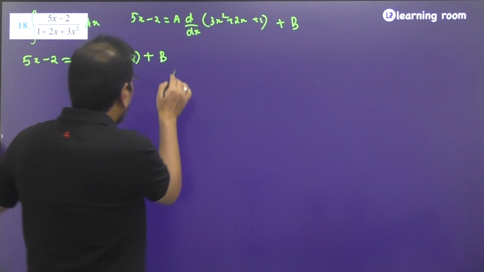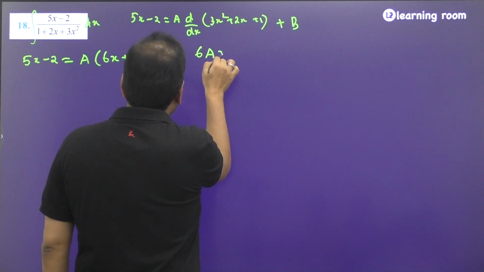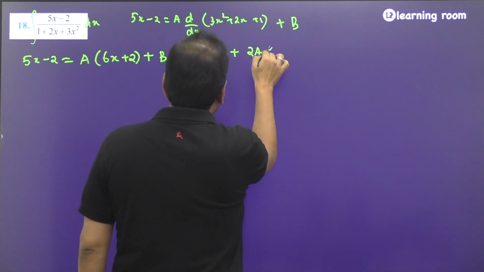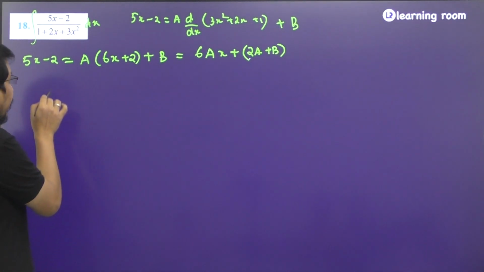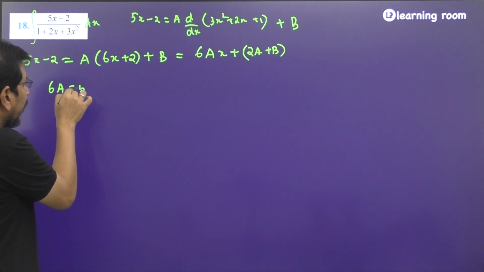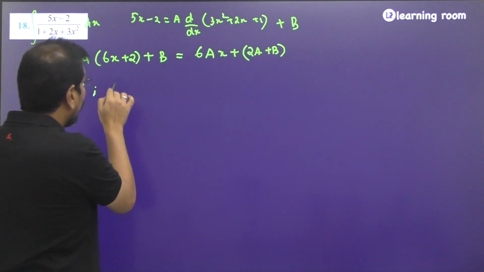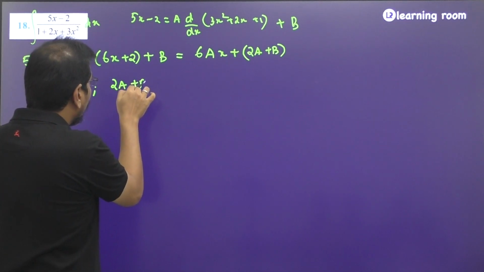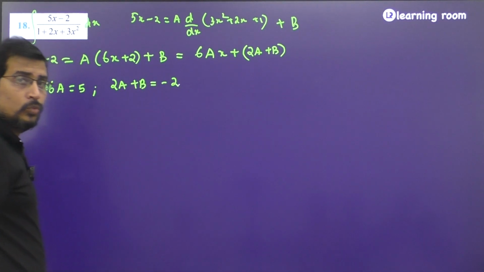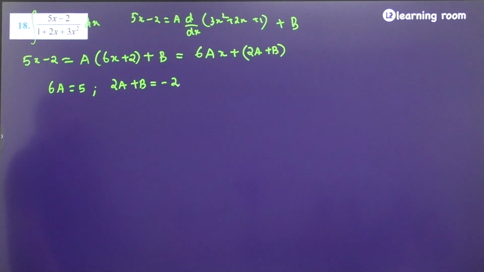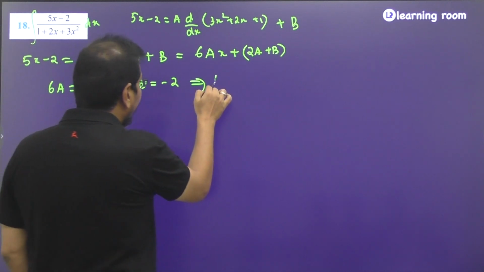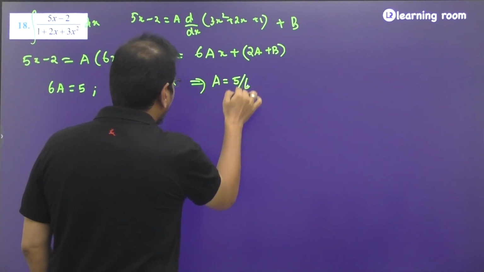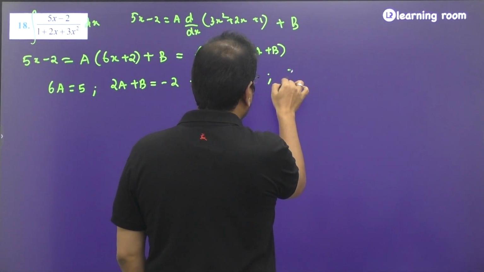So on combining, we will get 6ax plus 2a plus b equal to this value. Comparing both the sides, we will get 6a equal to 5 and 2a plus b equal to minus 2. So from here it is clear that a is equal to 5 by 6.